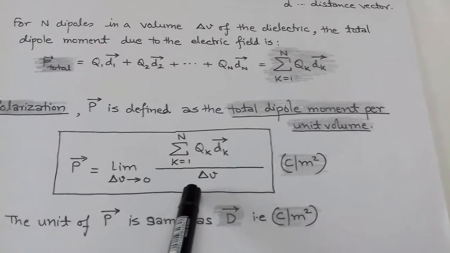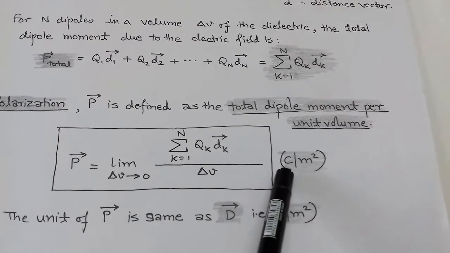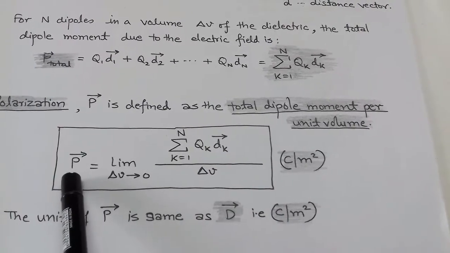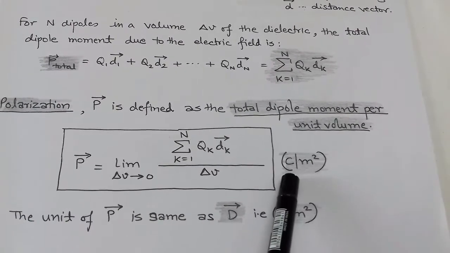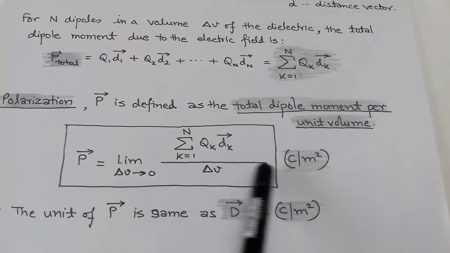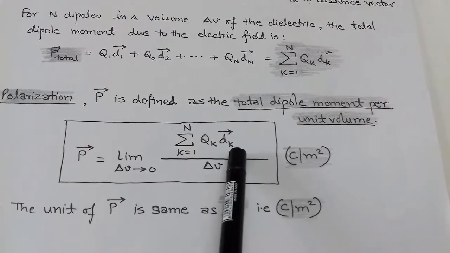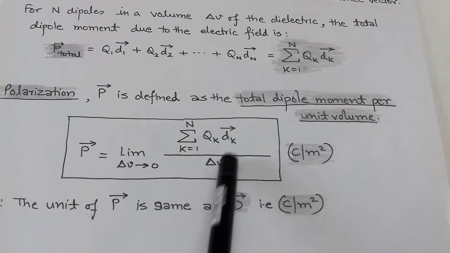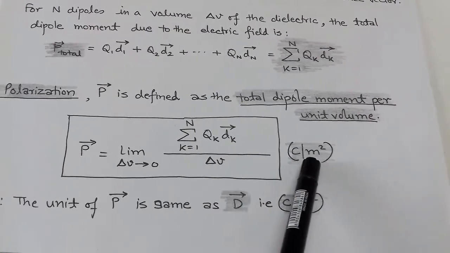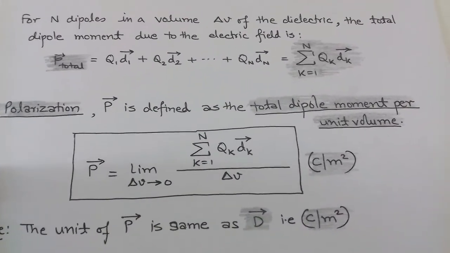So the ratio of total dipole moment to volume, as delta V tends to 0, is called the polarization, capital P. The unit of polarization is coulomb per meter square, because the unit of volume is meter cube, and the unit of Q is coulomb and d is the distance in meters. So one meter is cancelled, and we get coulomb per meter square. That unit is the same as the D vector, the electric flux density D.